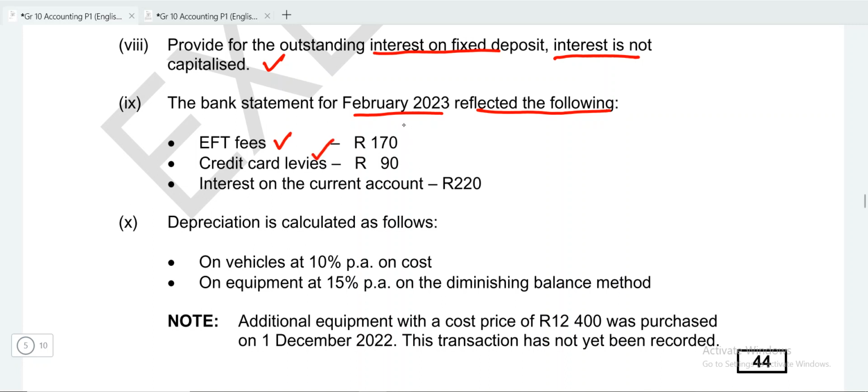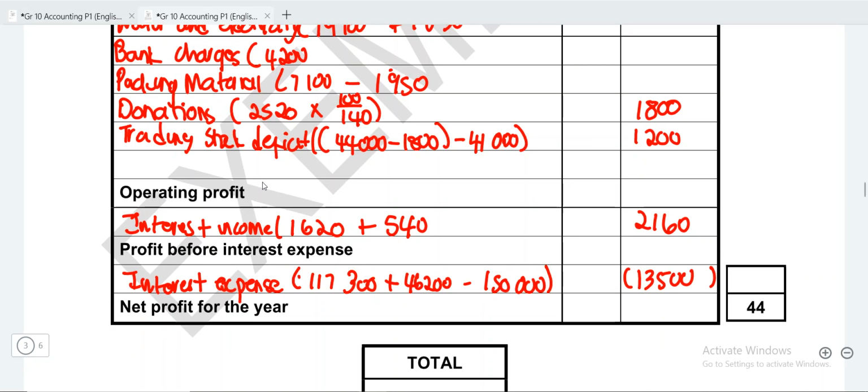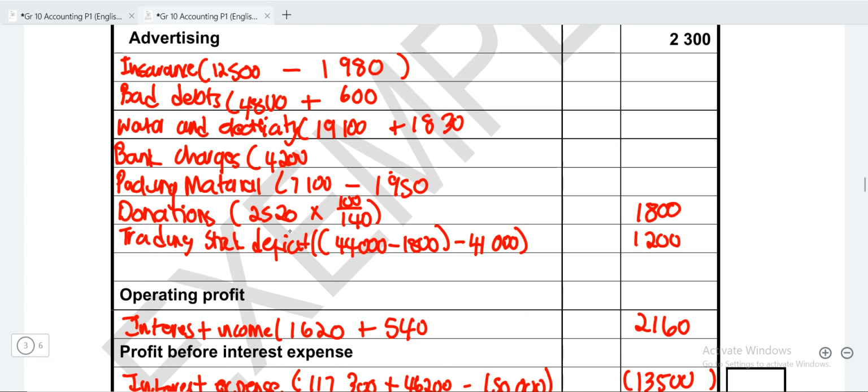So meaning that our bank charges is 170 plus 90 rand. This one we will come back to. Okay, so under bank charges, we're going to say plus 170 and then also plus 90 rand. Then we can close this off because we are done dealing with it.